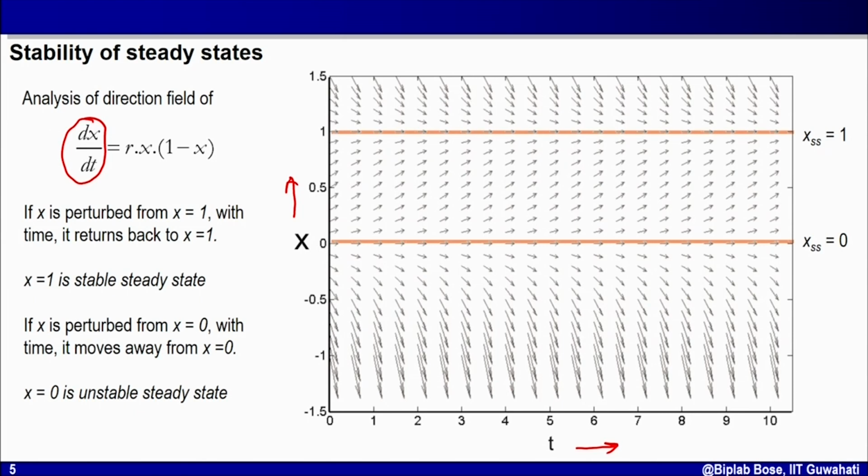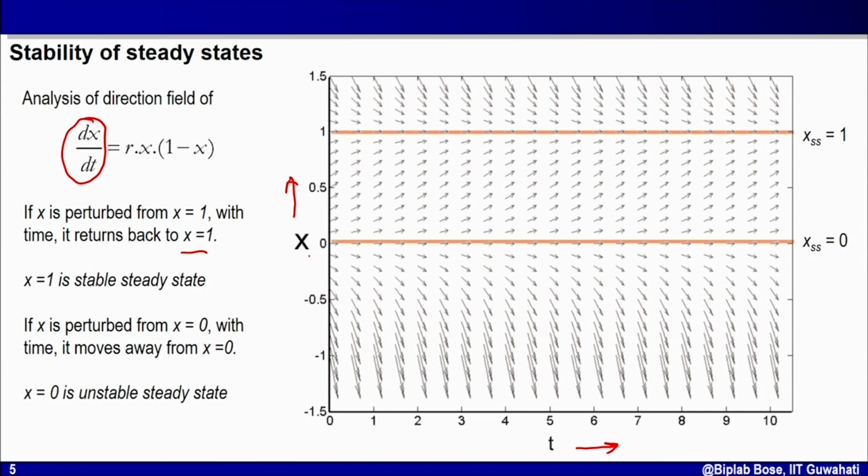I have filled the whole plane with those arrows, so I have a direction field. Now we have just calculated that at x equal to 1 and at x equal to 0 we will have steady state. So let us look into the direction field.